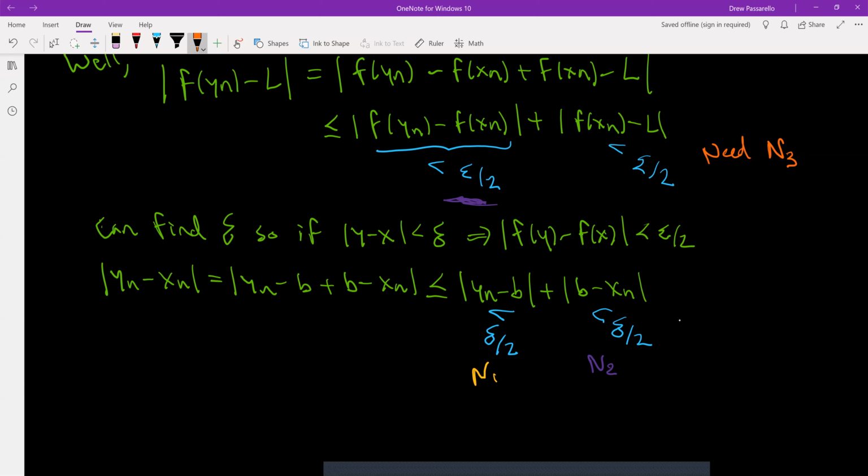So then that's getting arbitrarily close. So then that would give us f of yn minus f of xn to be less than epsilon over 2. And we're going to base it off the fact that we know that f is uniformly continuous.